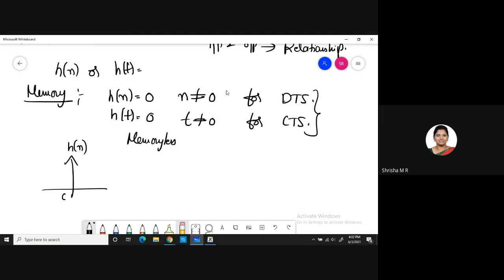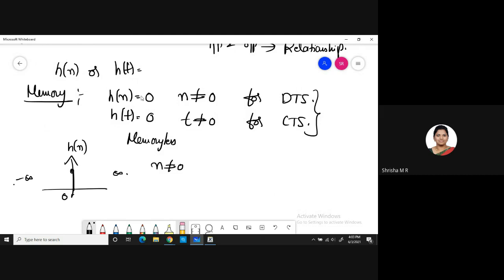At n is equal to 0, it can have some amplitude, but for n not equal to 0, that is for all the negative values from 0 up to minus infinity, and from 0 to infinity, the amplitude should be 0. That time it's called memoryless. If you have some amplitude elsewhere, then it is a system with memory. Got it? Did you follow? Yes, ma'am.